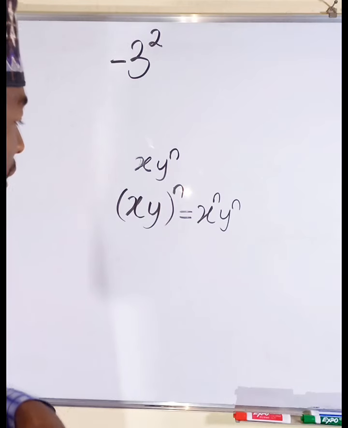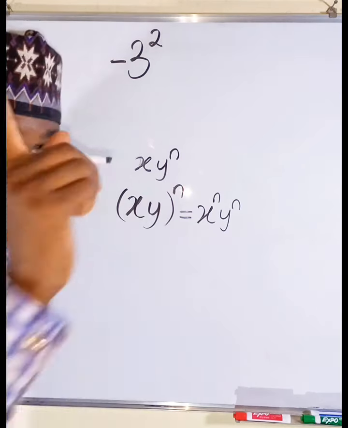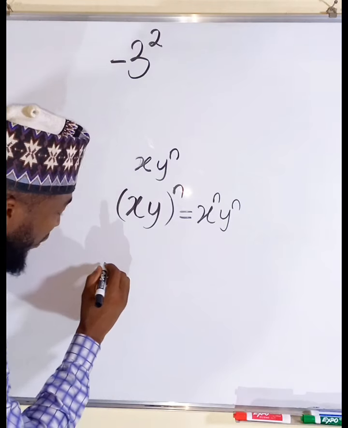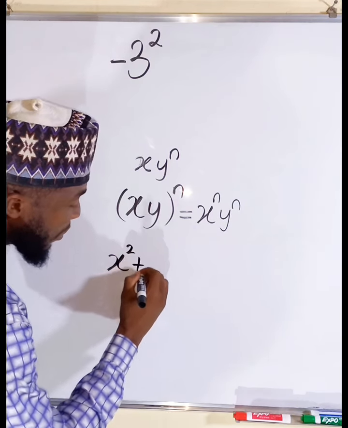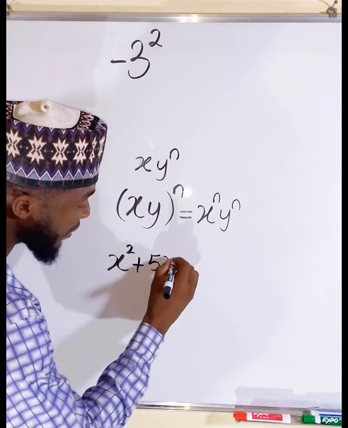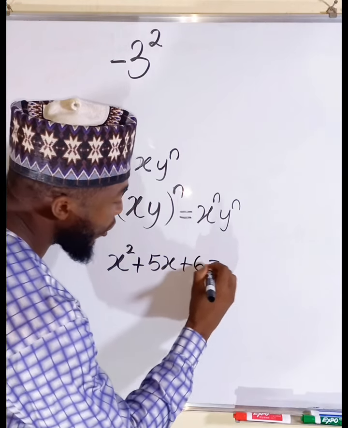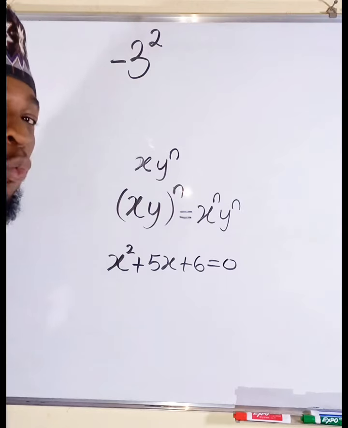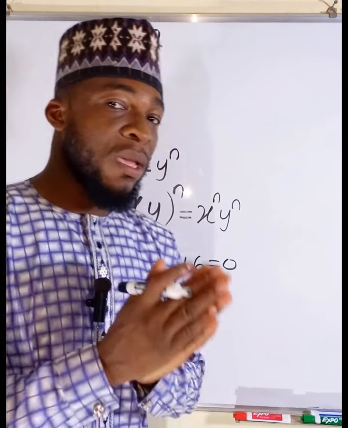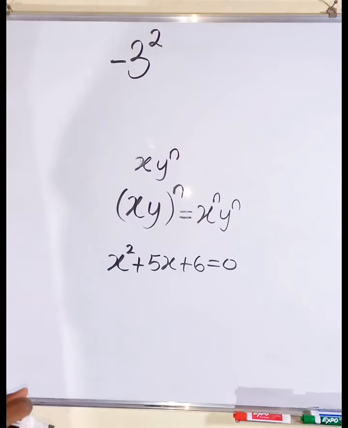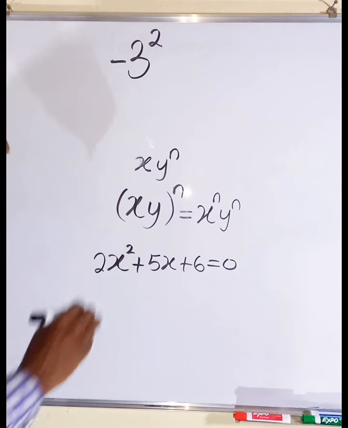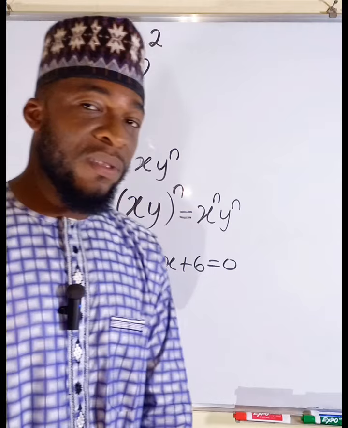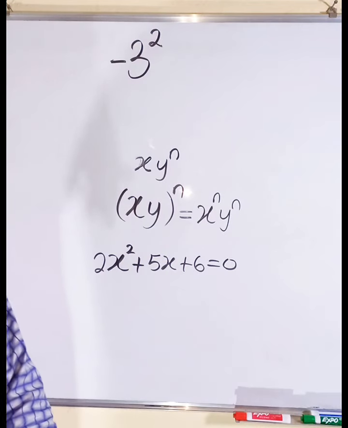And in quadratic equations, remember we can have x squared plus 5x plus 6 equal to 0. This is a quadratic equation where the leading coefficient is 1. So what if we have 2x squared plus 5x plus 6? Isn't this a quadratic equation?